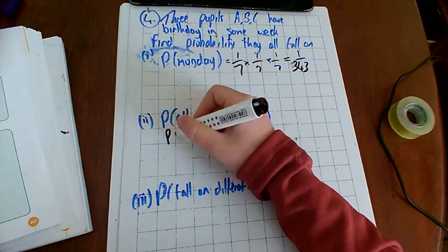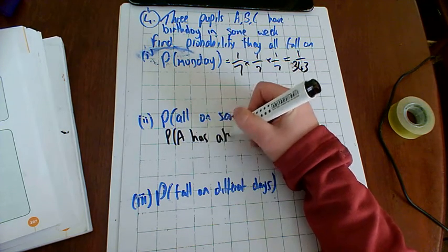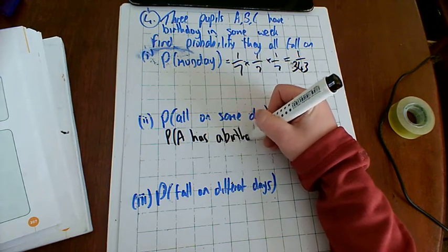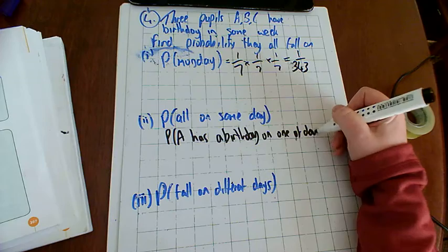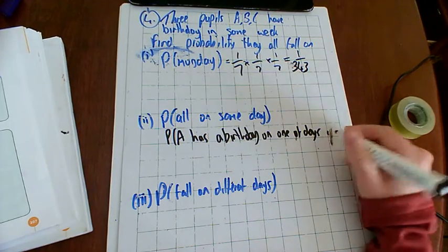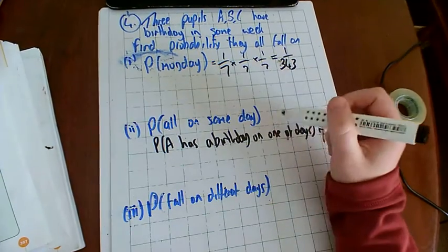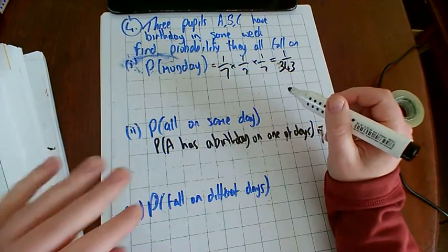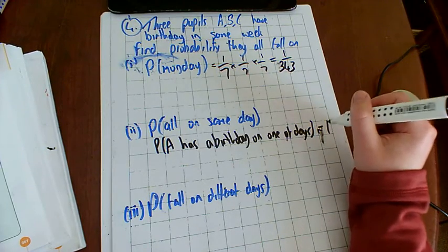So the probability that A has a birthday on one of the days is equal to 1. The first person, it could have been A, B, or C, they definitely have a birthday on one of the days.